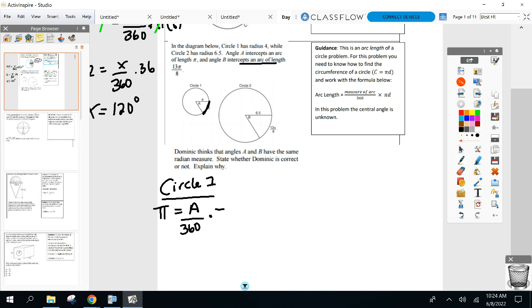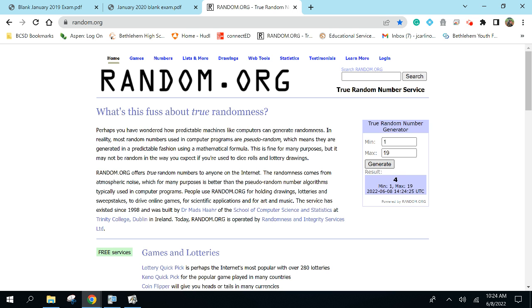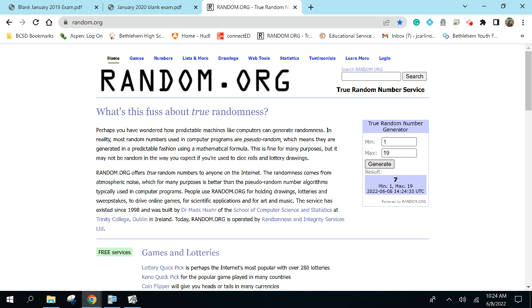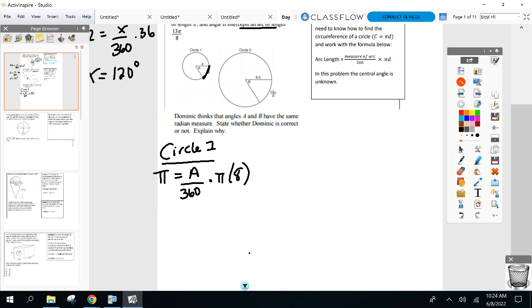times pi. What are you putting in for diameter? Watch out here, I'm a little nervous. What do you still have on both sides?